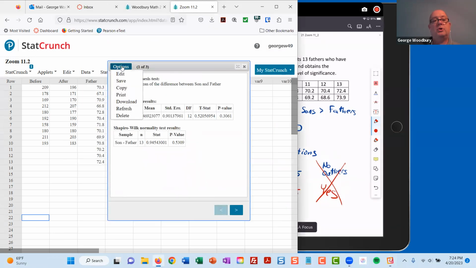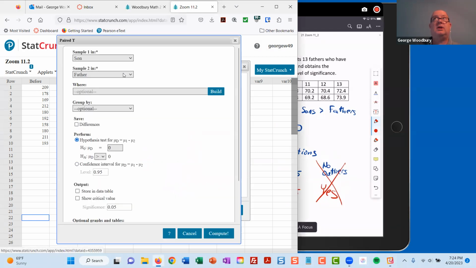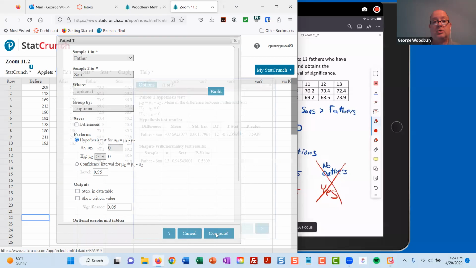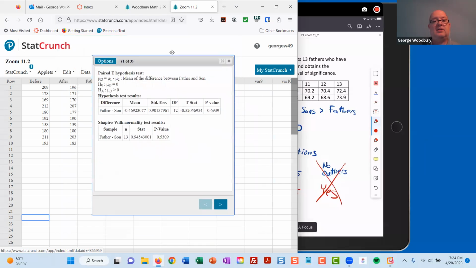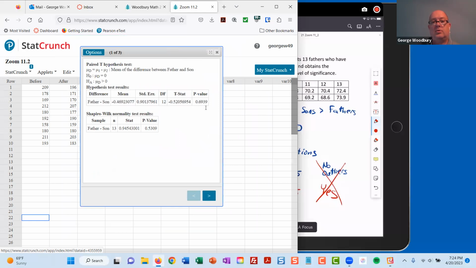I'm going to show you what you would see if you picked the data in the order they were typed. So if you pick the father data first and the son data second and hit compute, notice the p-value here, really big, 0.6939. That is a sign that maybe you've got something backwards.